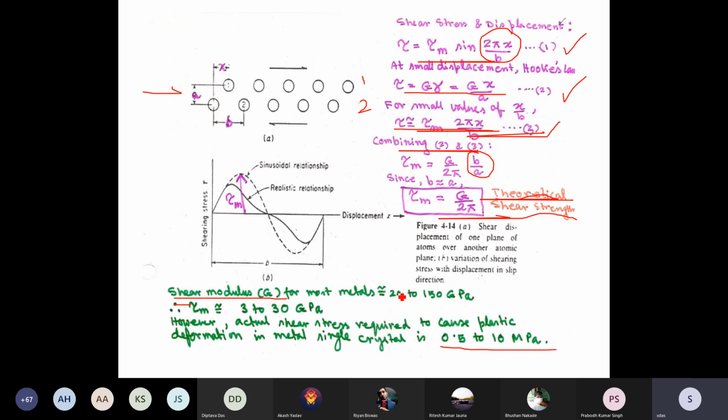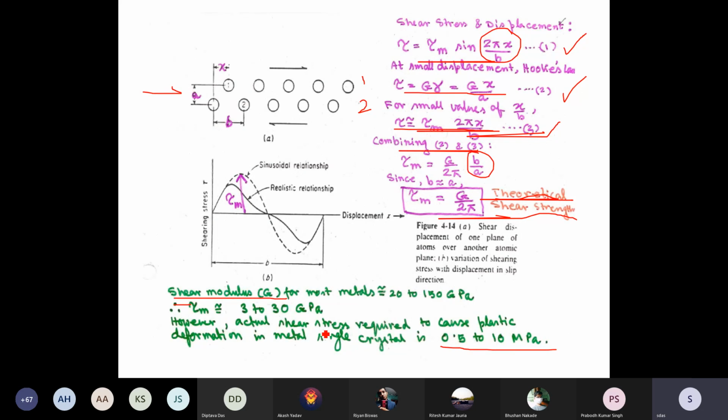Beyond the yield point, if you stretch it, you will have elastic plus plastic deformation. If you remove the load, the elastic portion is recovered, but not the plastic portion. So from this derivation, you see the theoretical shear strength of a material can be as high as 500 times more than the strongest possible material known to mankind.